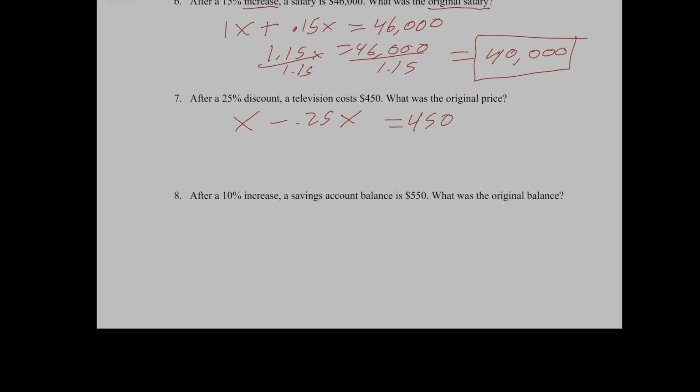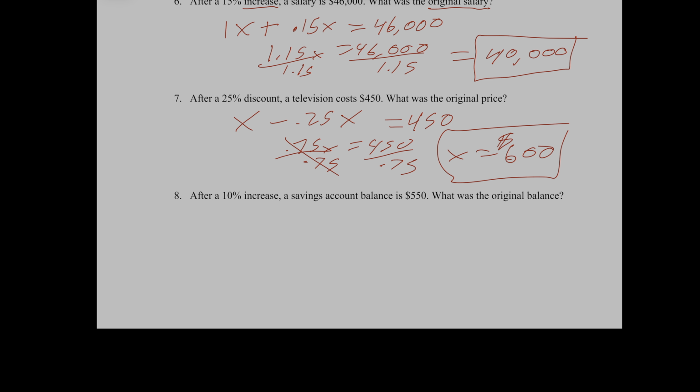That becomes 0.75x equals 450. Divide everybody by 0.75, plug in your calculator 450 divided by 0.75, and you are going to get $600.